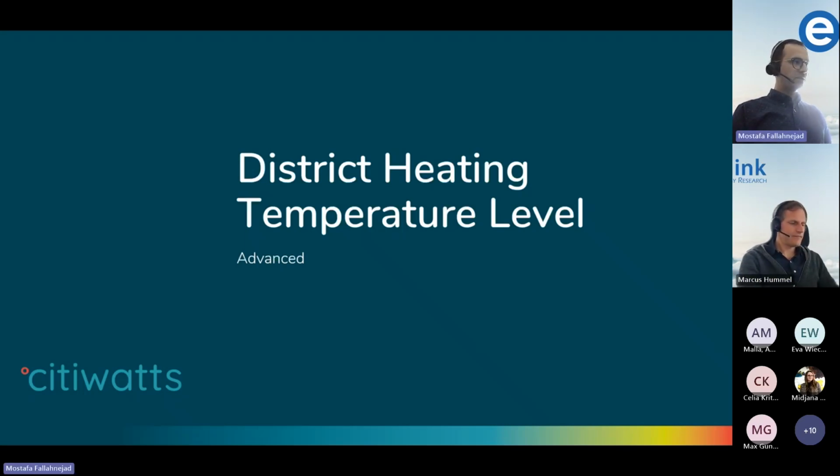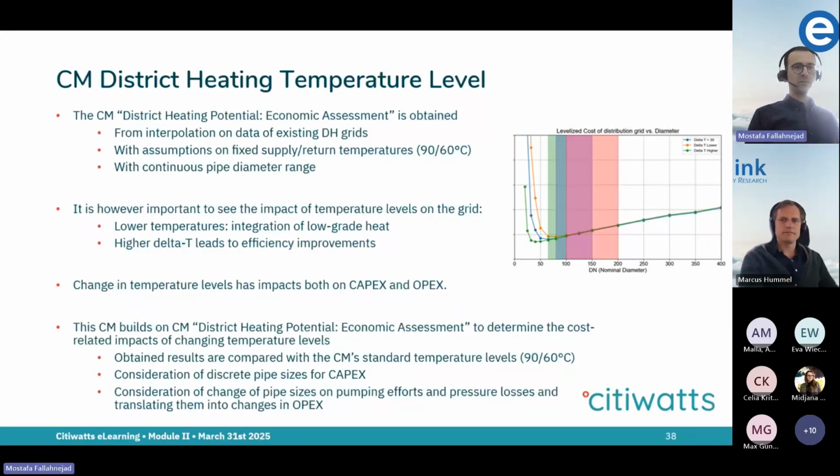The next calculation module is about district heating temperature levels. Basically, what we saw in the previous calculation module was that for a predefined temperature level, it calculates the district heating.